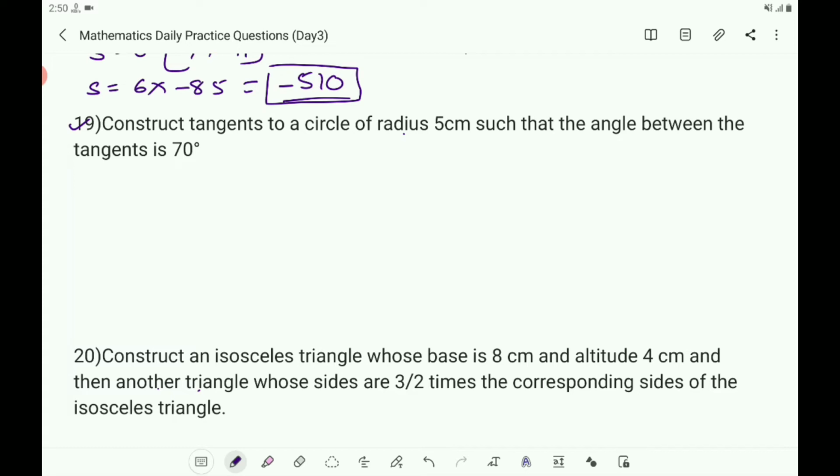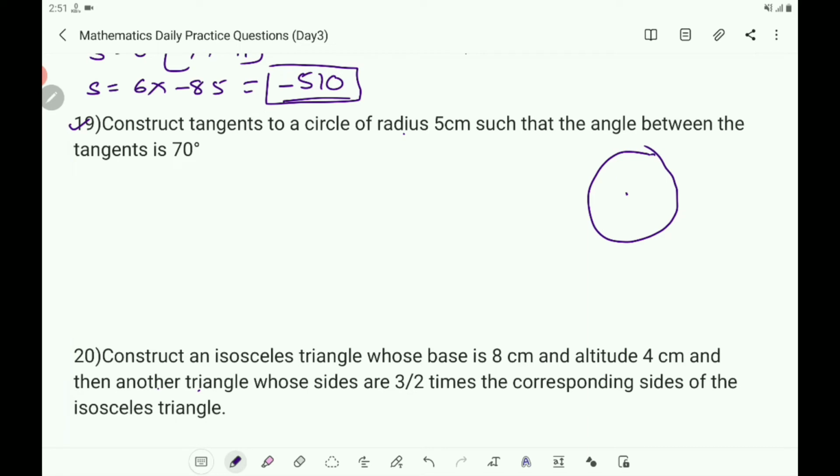Now let us discuss in short the method of constructing the tangents with an angle of 70 degrees. So here first you draw the circle of radius 5 cm. In the first step, taking a point as a center, draw the circle of 5 cm.